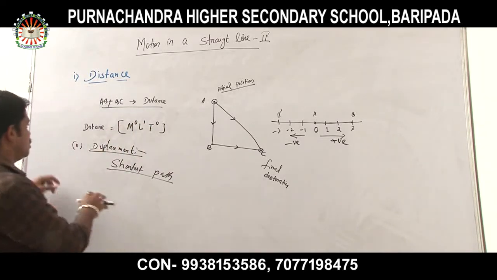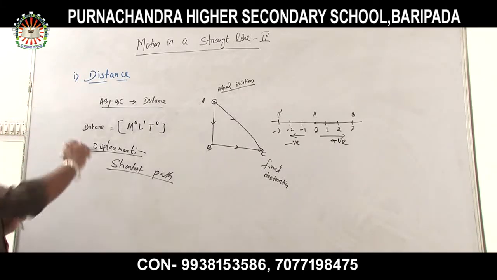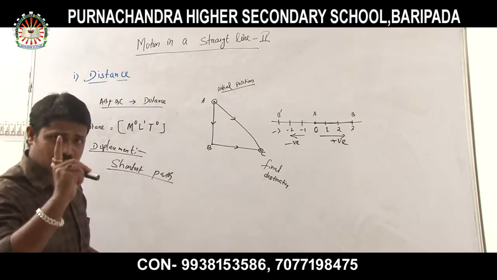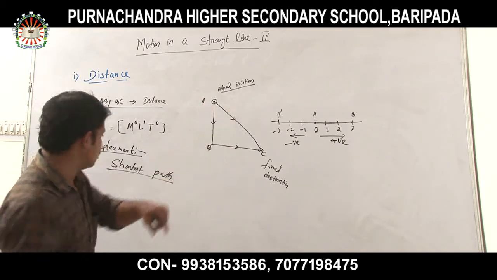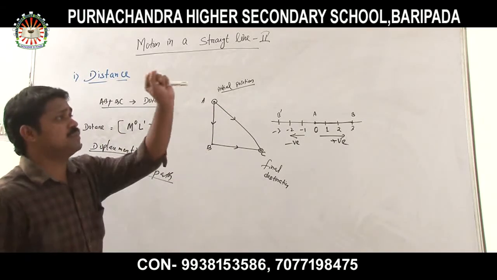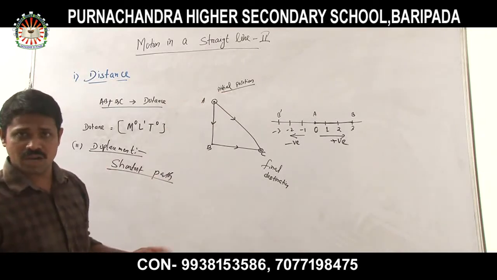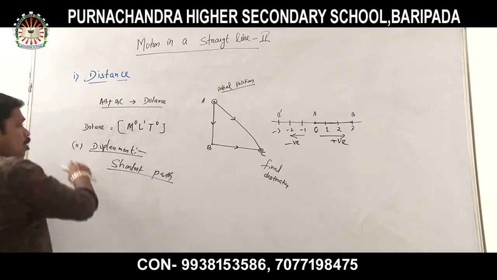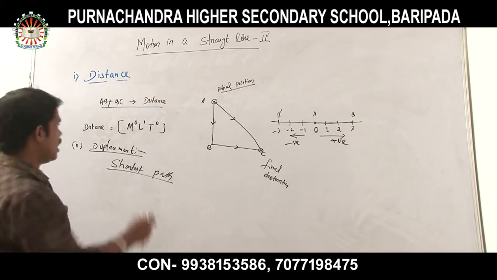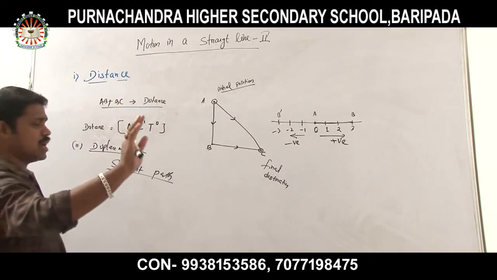If you compare these two, distance is a scalar quantity, displacement is a vector quantity. Distance is the actual path covered between the initial and final position, whereas displacement is the shortest path between the initial and final position. Distance is always a positive value. It cannot be negative, it cannot be 0.